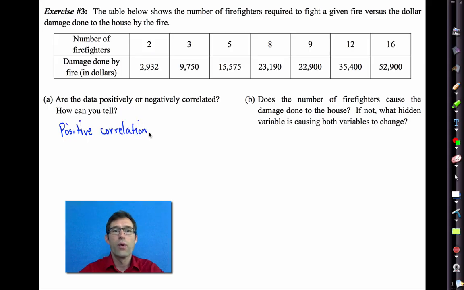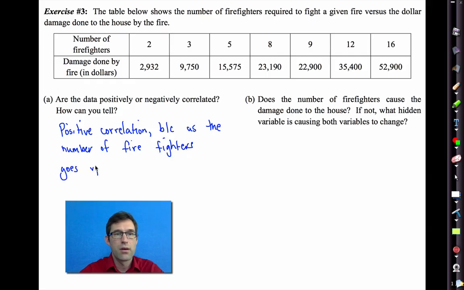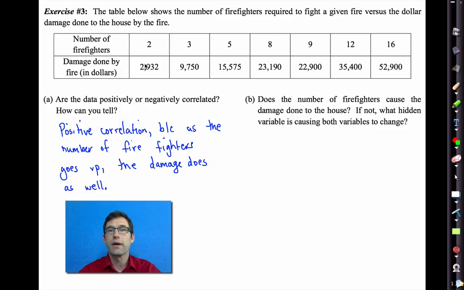And the reason you would say so is because as the number of firefighters goes up, the damage does as well. Right? That's clear, right?